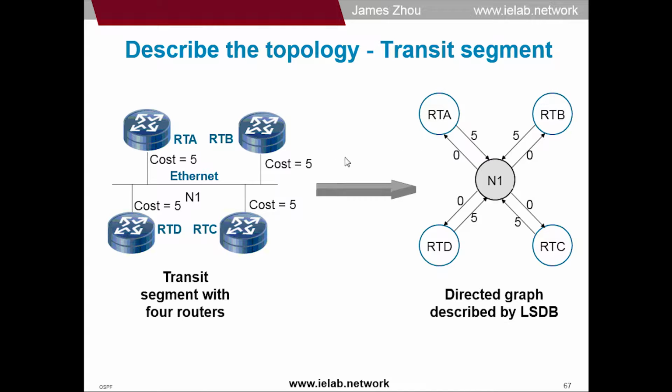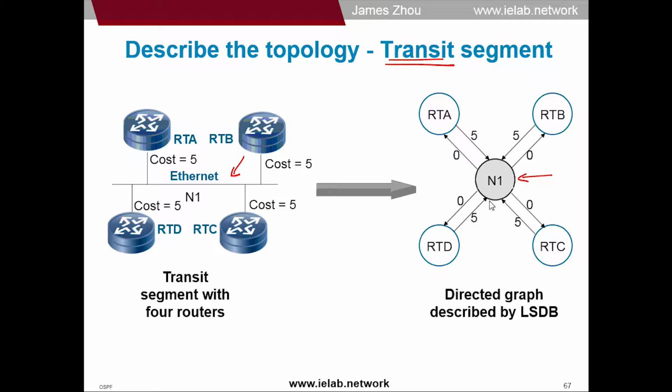The second is the transit segment. We know a multi-access link will be described as a transit segment, and the DR will generate LSA2. Every router connected to this link connects to a pseudo node.